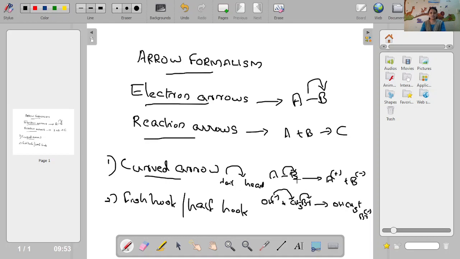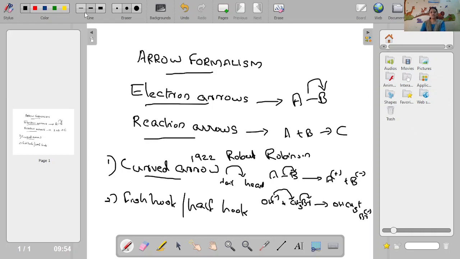In this way, curved arrows are otherwise called double head arrows or tail head arrows. Curved arrows were first introduced in 1922 by the scientist Robert Robinson. We commonly use curved arrows for representing reactions as well as the transfer of an electron pair.